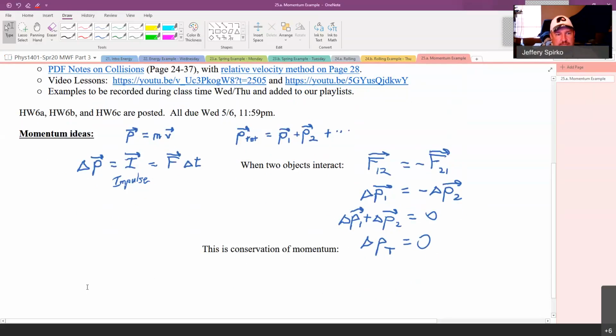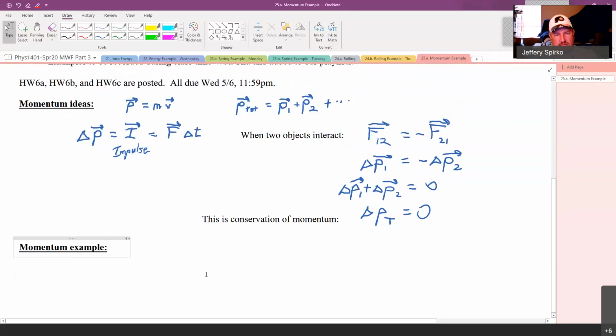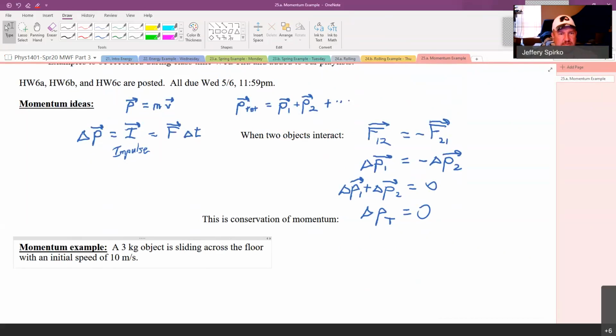So let's do a quick momentum example. Let's say a 3 kilogram object is sliding across the floor with an initial speed of, let's go with 10 meters per second.